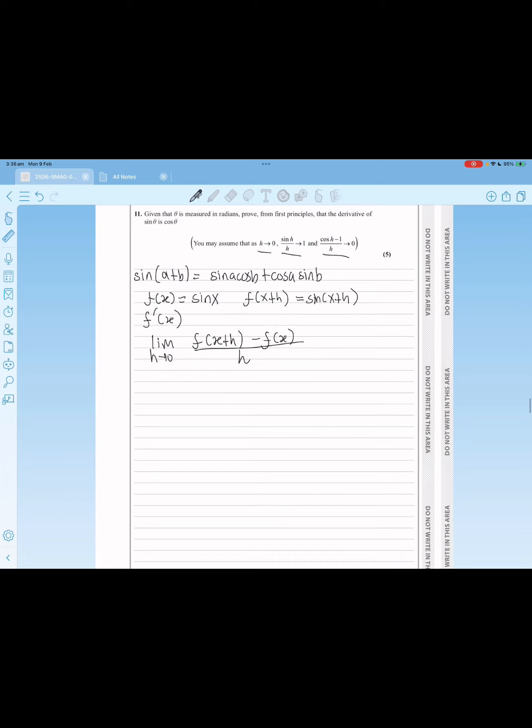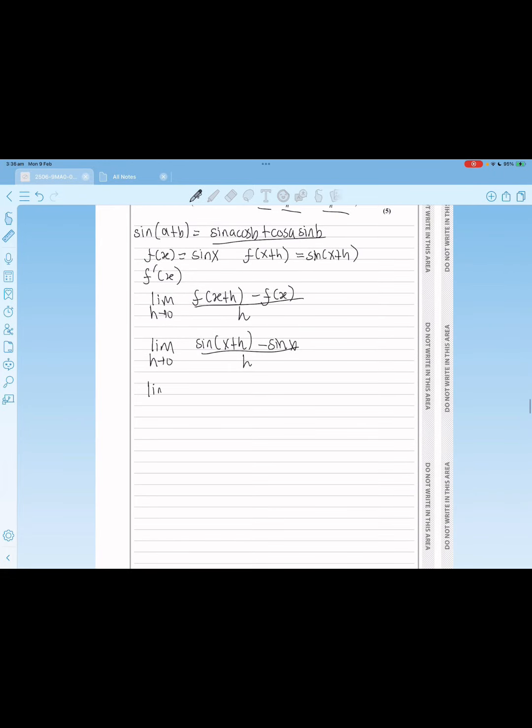So therefore, the limit when h tends to 0 would be sine of x plus h minus sine x, divided by h. And now that's why I wrote out what my identity was. This is my identity. So the limit when h tends to 0 would be sine x cos h plus sine h cos x minus sine x.